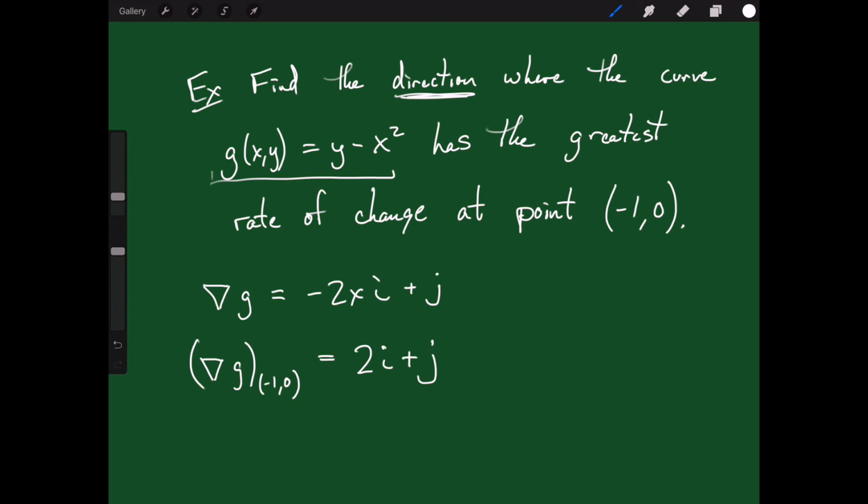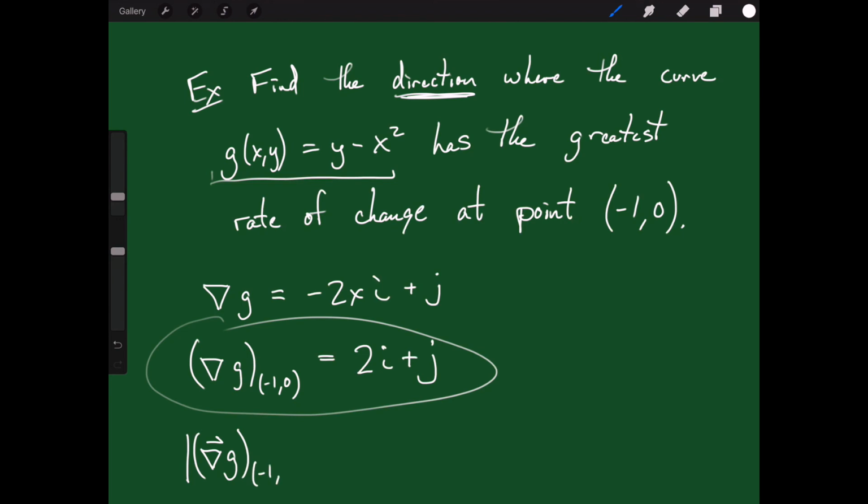And the answer is it is not. So I just need to take this vector and divide it by its magnitude. What is the magnitude of the gradient of g evaluated at -1, 0? It would be the square root of 2 squared, which is 4, plus 1 squared, which is 1. So it's the square root of 5.